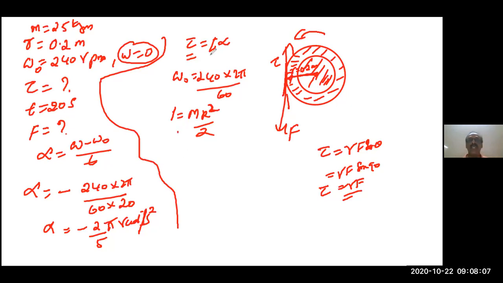This value I substitute here, alpha substitute here. Then you will get torque is equal to minus 1 by 5 pi Newton meter.